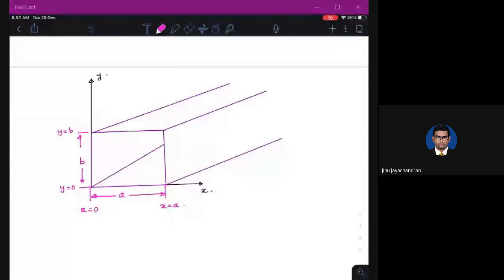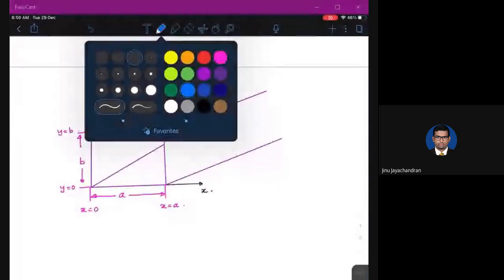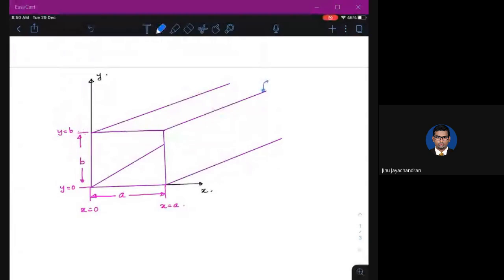Okay. The waveguide is made up of perfect metal. That means this is metal, all four sides are metal with conductivity infinity. This is perfect metal. And it is filled with a lossless dielectric, which means the conductivity inside the waveguide is 0. And the waveguide is source free, meaning rho v is equal to 0.